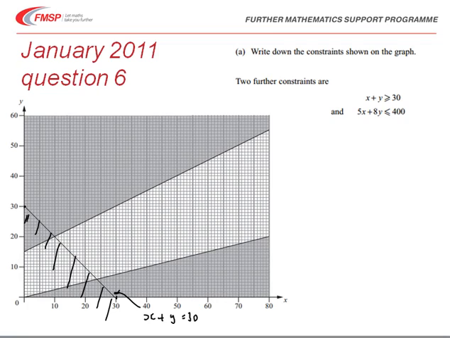The second constraint that we have is 5x plus 8y is less than or equal to 400. This time it's going to cross the x-axis at 80, so that's where 5x is equal to 400, and the y-axis at 50. So drawing that one in, we get that line.